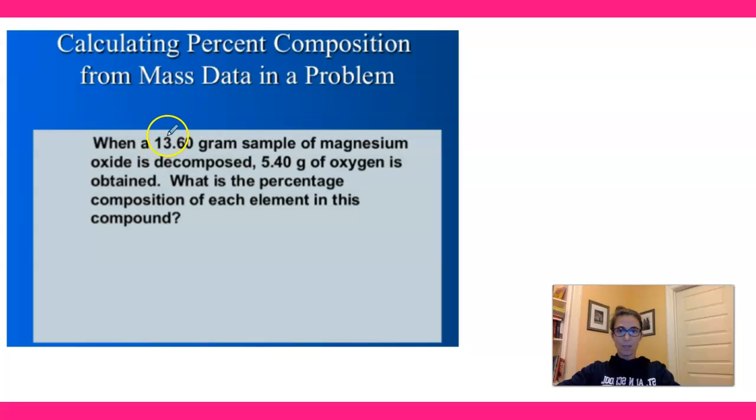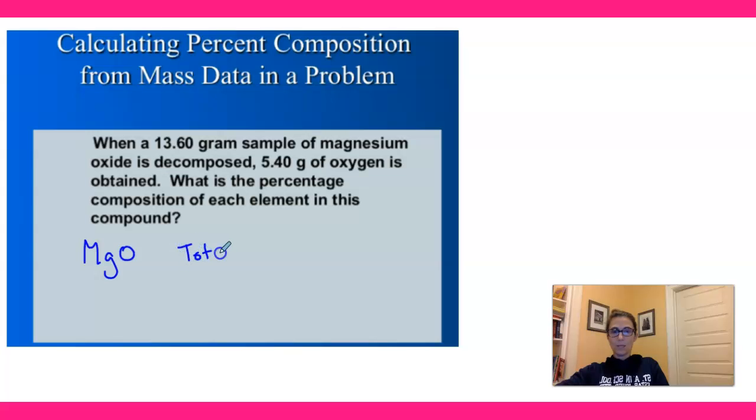The problem says a 13.6 gram sample of magnesium oxide is decomposed. 5.40 grams of oxygen is obtained. What is the percent composition of each element in this compound? So what this is telling me is that I have a total compound, magnesium oxide, so it can only consist of two elements, magnesium and oxygen.